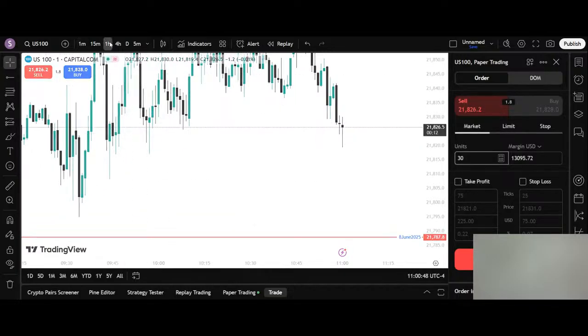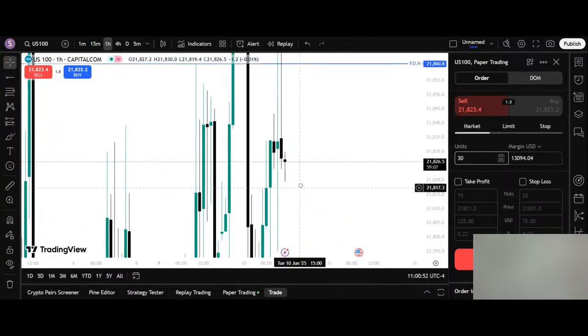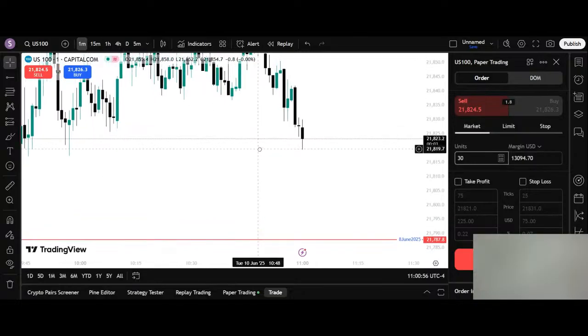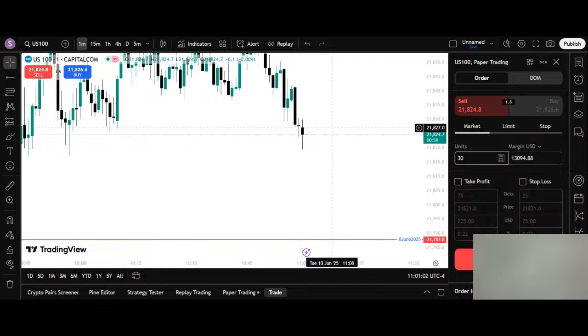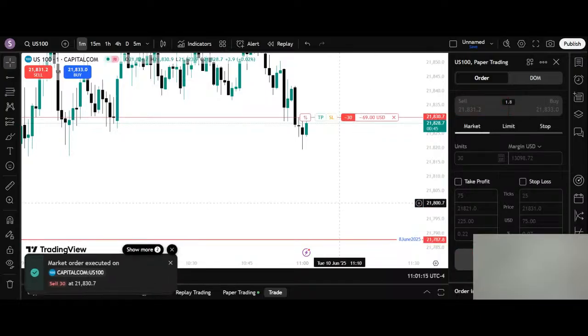Let's take a quick look at the 1 hour. Seems bearish to me. Now just wait for a good entry at 8:30. I'll be selling now.